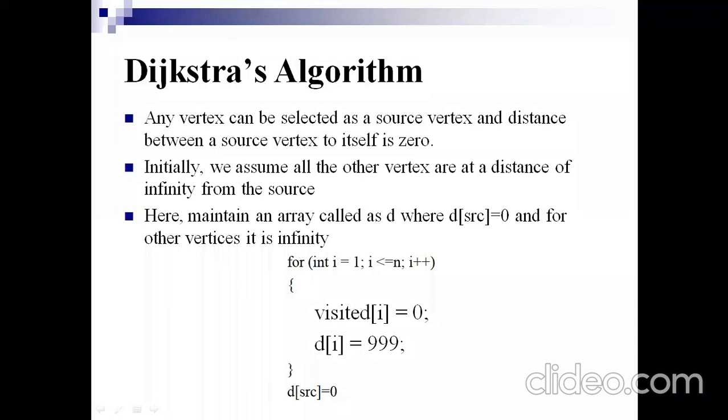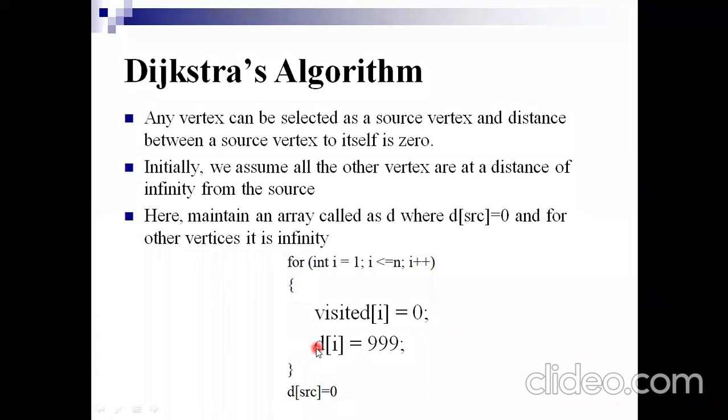So here we now need to initialize the array D. The D array is of size n. What is n here? N represents the number of vertices in a given graph. So for int i equals 0, i less than or equal to n, i plus plus, I initialize all the entries of D[i] to 999, because the distance from source to all other vertices is 999.